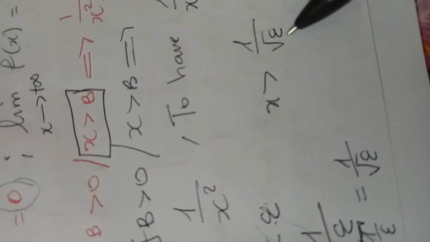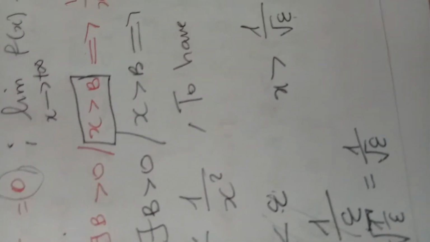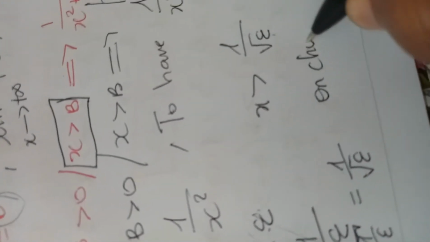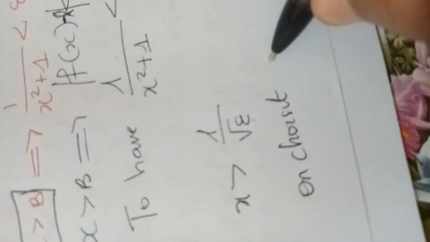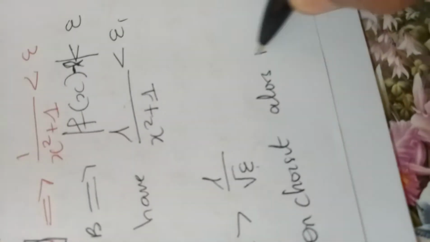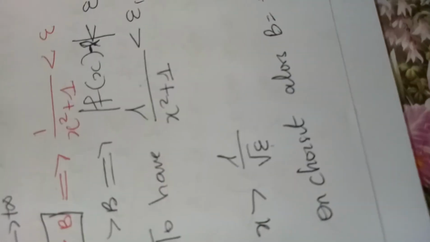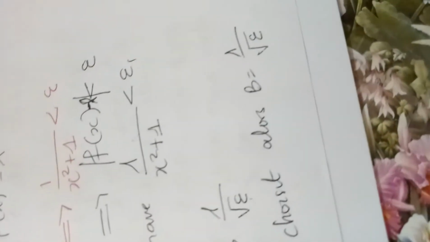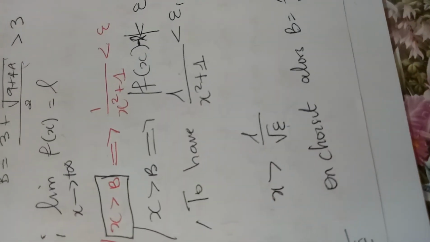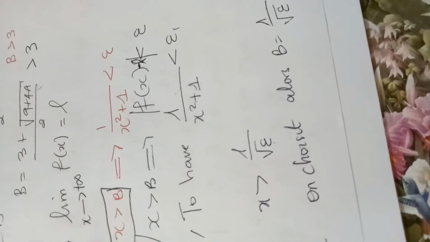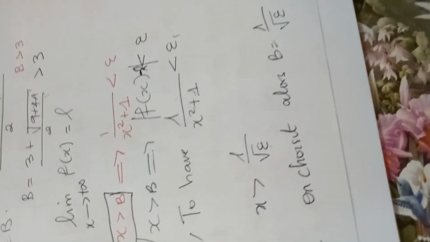So I can take b to be equal to 1 over the square root of epsilon. So we choose b equal to 1 over the square root of epsilon. And that's what we're supposed to prove. That's your final answer: b equal to 1 over the square root of epsilon.